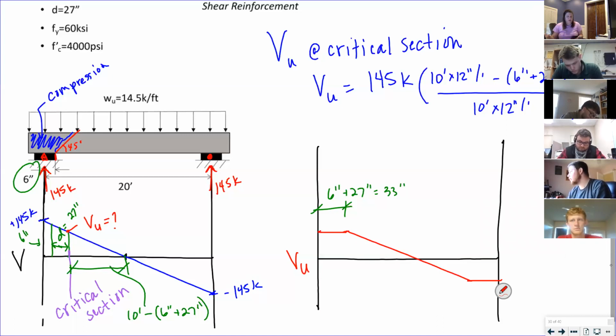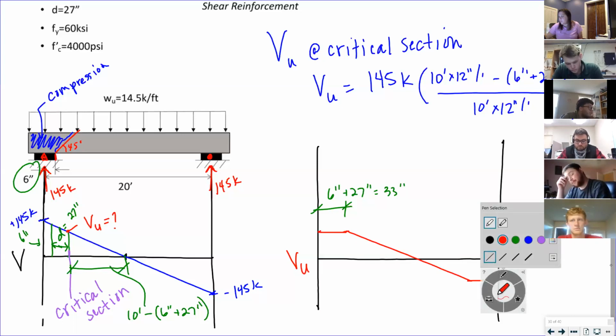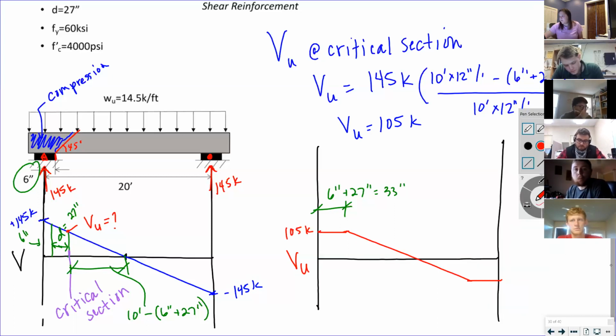That should give you about 105 kips, right? So instead of having to design for 145, we have to design for 105.